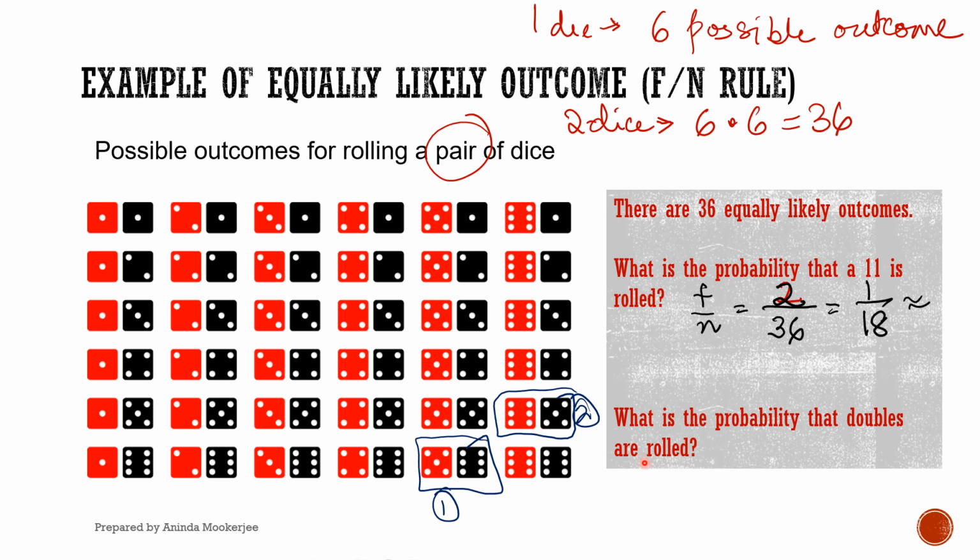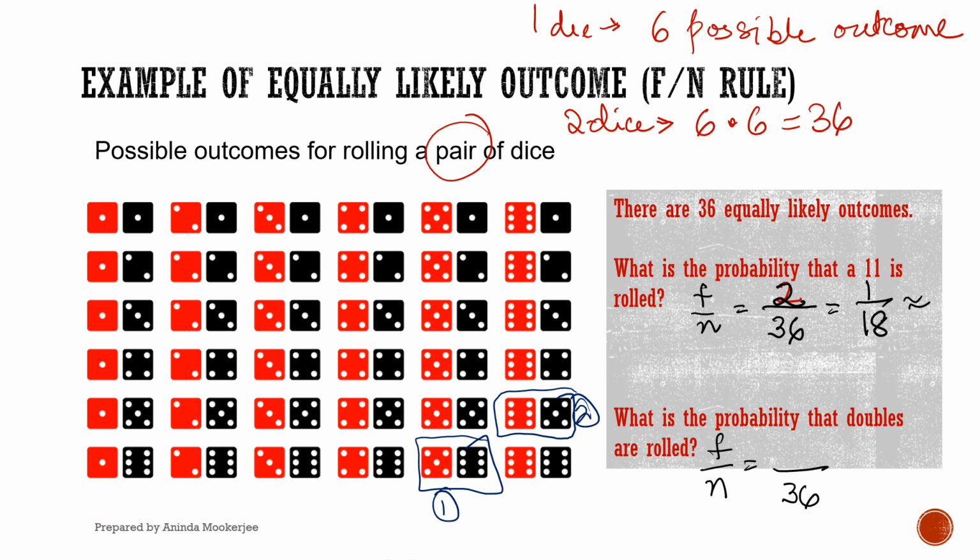The last one says, what is the probability that doubles are rolled? That means you get the same value on both dice. So let's go through this. Again, F over N is what we are going to apply, and N is fixed for this experiment. It's going to be 36.